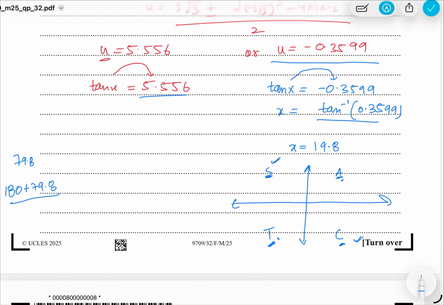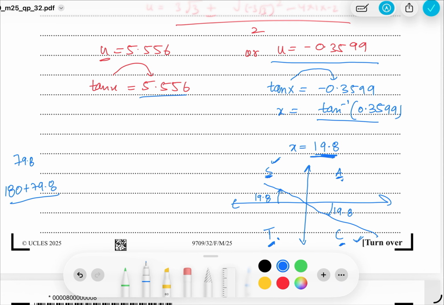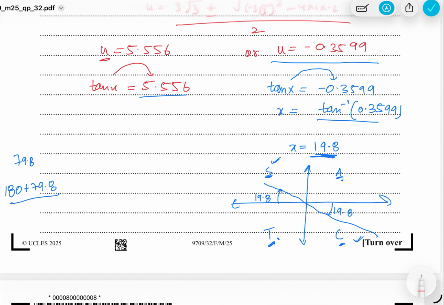Now we will draw two lines like this. And we know the basic angle is 19.8. What is the basic angle from the x-axis? So this is from the x-axis and this is 19.8. Again from the x-axis is 19.8. So we will have our two answers from here as well. Start measuring the actual angle from this, which would be 180 minus 19.8.